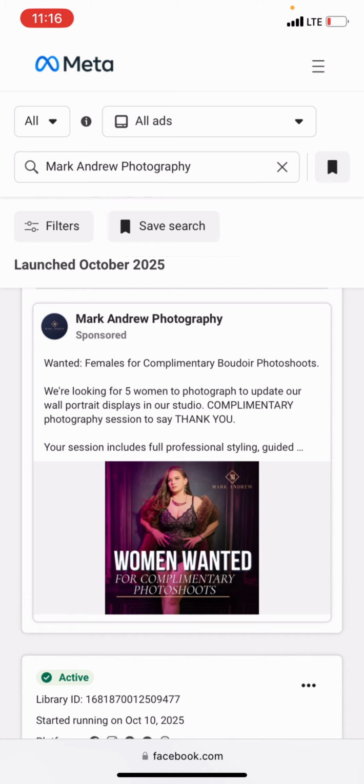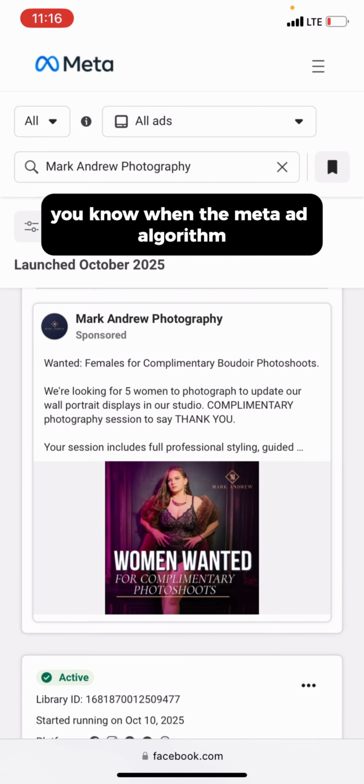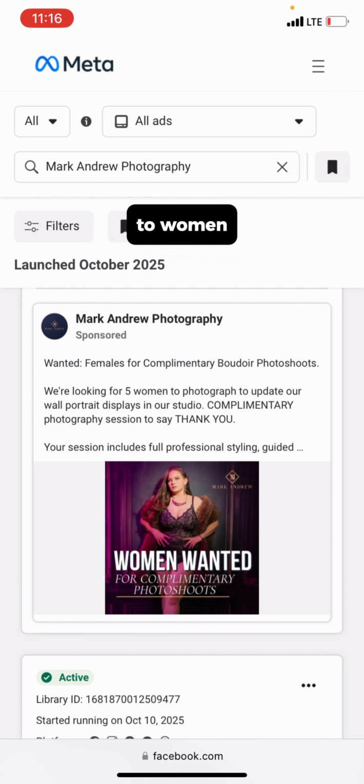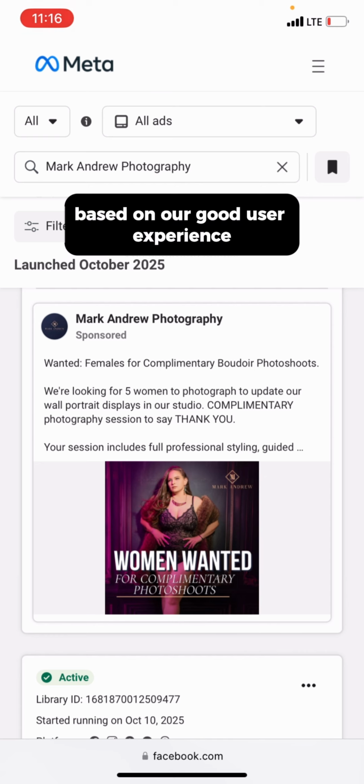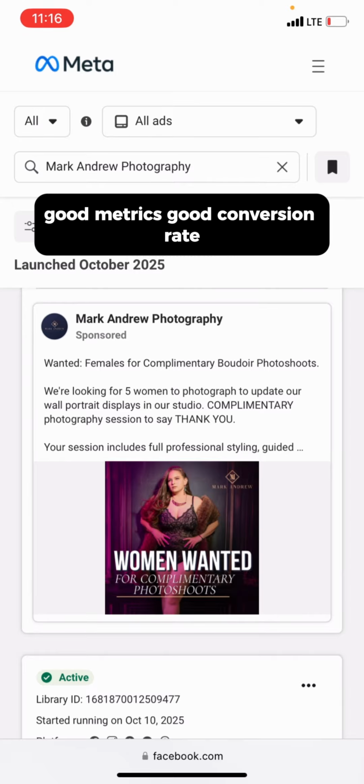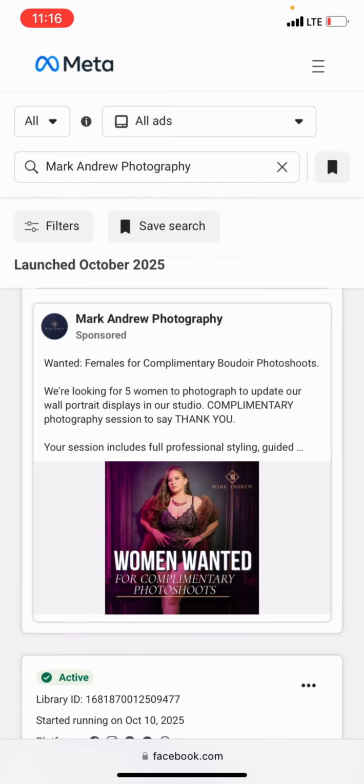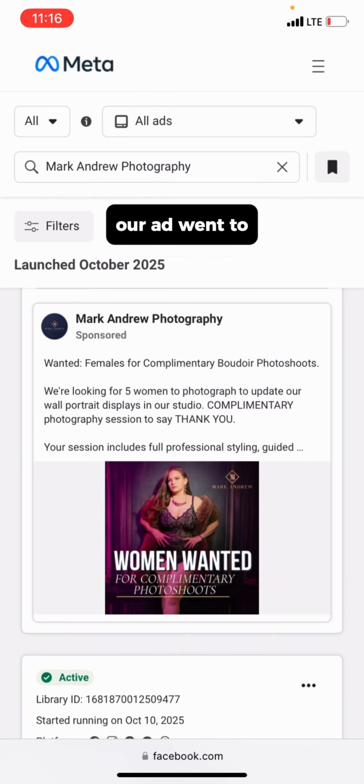And when the Meta ad algorithm decides who to send our ads to for tranche two, we actually unlock higher quality Meta profiles based on our good user experience, good metrics, and good conversion rate from the first tranche of women our ad went to.